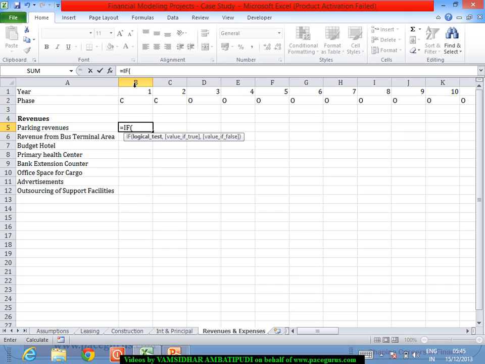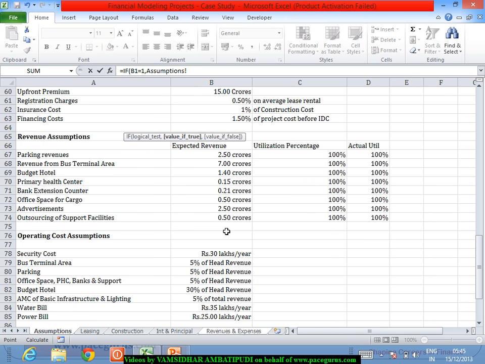If this number is equal to 1, means the first year, take that revenue as the exact value itself. Now let's see. If the B1, I think I should put a dollar. I have to freeze it. It can become C1, D1, whatever, but the 1 has to be frozen. If B1 equal to 1, take it as this.